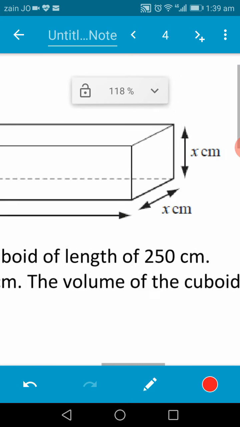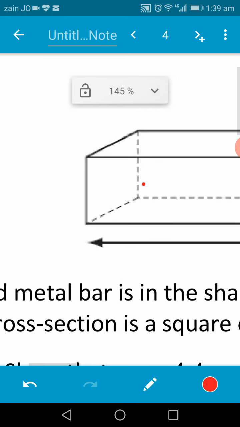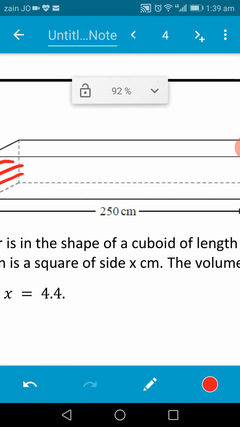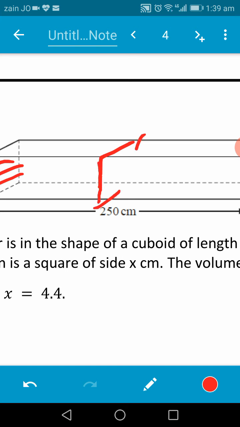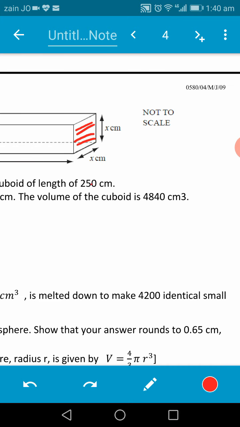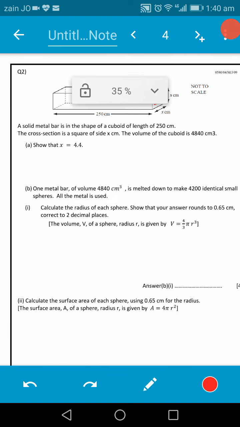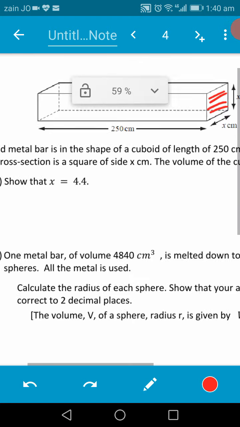This face, or any cross section like this, is also a square. We are given that the side of this square is x. The volume of the cuboid is 4,840 centimeter cube. The question is show that x equals 4.4.